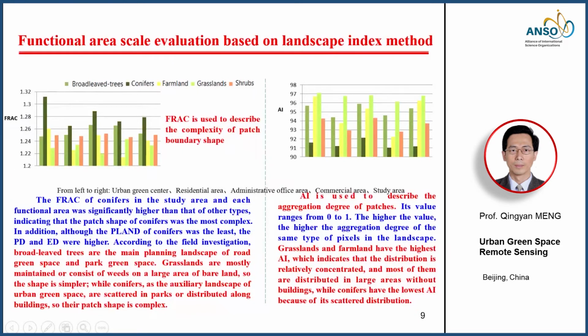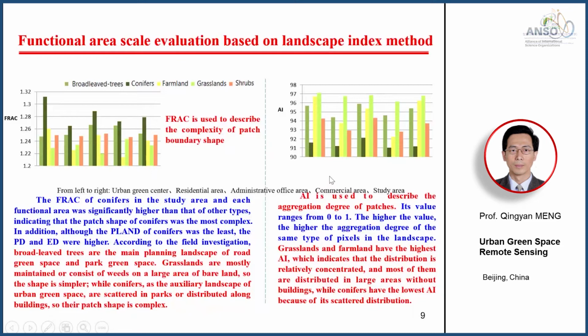And this is the AI index, which is used to describe the aggregation degree of the patches. Its value ranges from 0 to 1, and the higher the value, the higher the aggregation degree of the same type of pixels in the landscape.